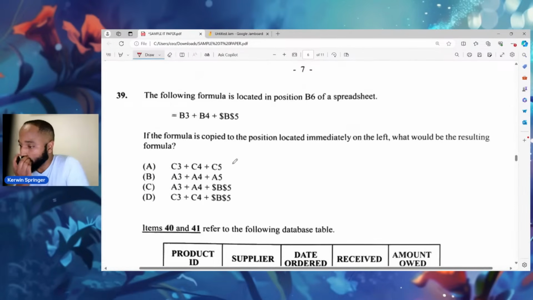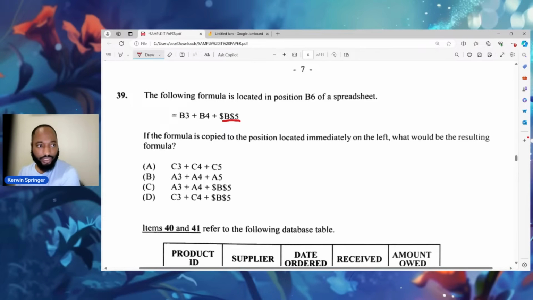At least with the formula, I can drag the formula. The following formula is in a position. If the formula is copied to the position located immediately to the left, you go to C, the numbers stay the same, but this is locked. That dollar sign means it's locked.